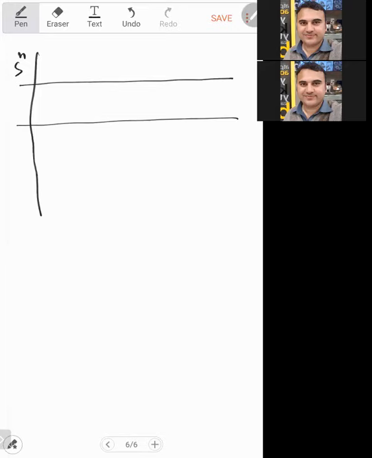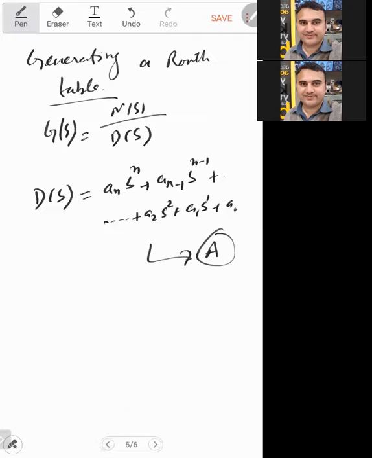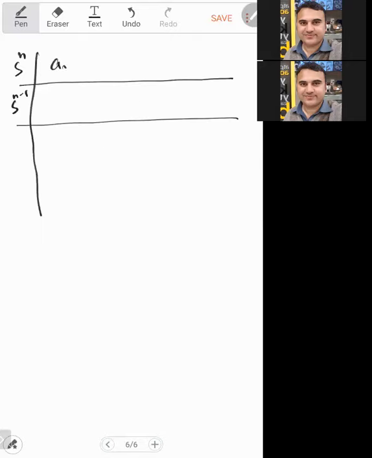Now let's see what the next row in the same column should be. It should be s^(n-1). So s^n, and then the next one will be s^(n-1). So we start with the coefficient of s^n. The coefficient of s^n is equal to a_n.